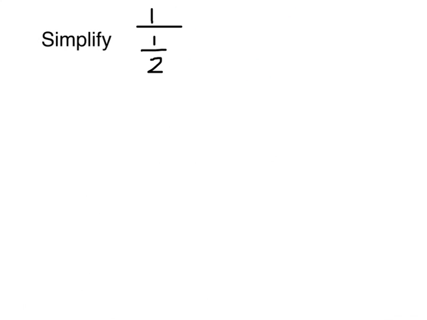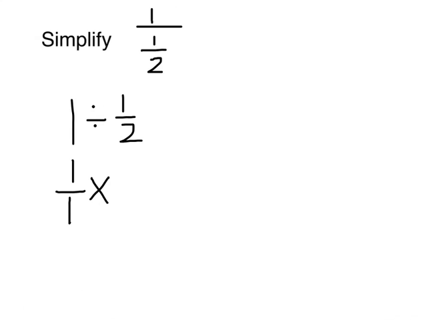Now let's simplify 1 over 1/2. Remember, we're rewriting as a division problem, so 1 divided by 1/2. Whole numbers go over 1, and mixed numbers are changed to improper fractions. So 1 over 1, no mixed numbers. Now I'm multiplying by the reciprocal. Change it to multiplication.